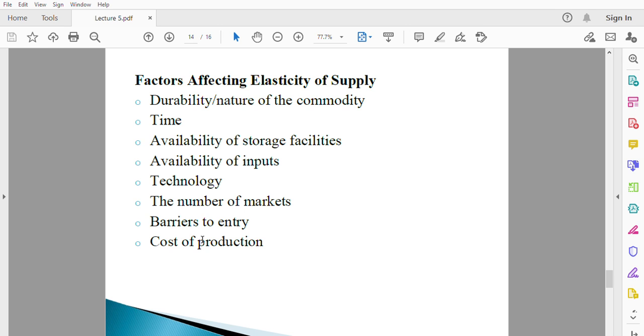The next is number of markets. If there are so many markets in what you do, what happens? An increase in price will result in a greater percentage increase in quantity supplied, because all the suppliers will increase their quantity supplied.